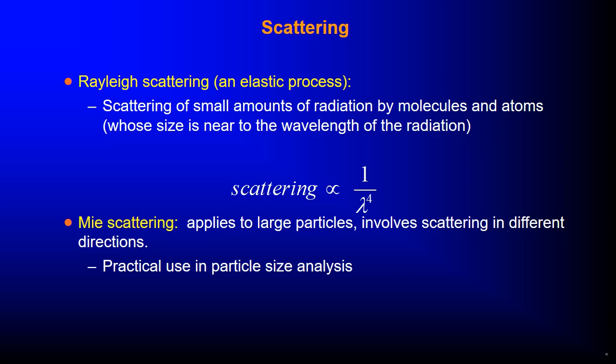If the light and molecules have size or wavelength close to each other, they can cause scattering. Mie scattering applies to large particles, involves scattering in different directions, and has practical use in particle size analysis, like the zeta potentiometer.